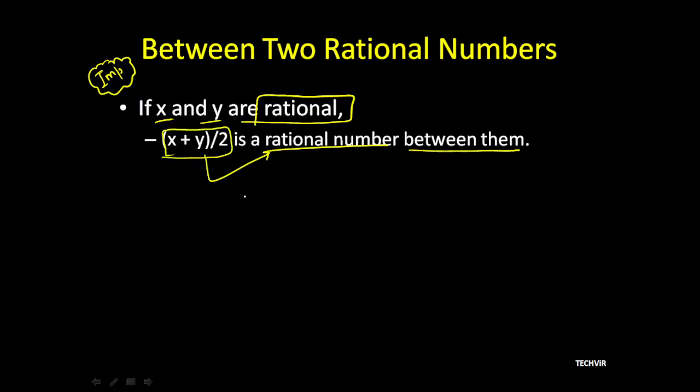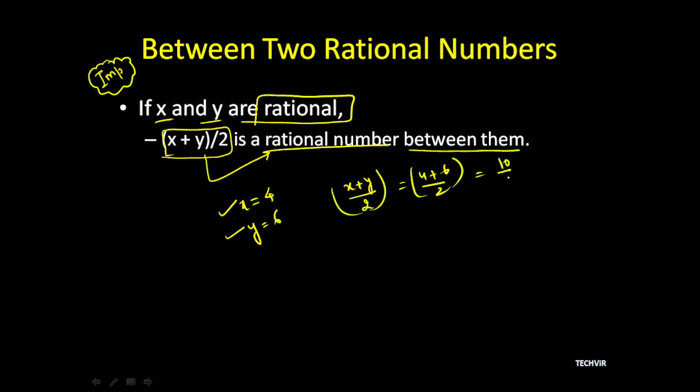For example, suppose I have a number x equal to 4 and a number y equal to 6. If x is a rational number and y is a rational number, then (x plus y) divided by 2 will be 4 plus 6 divided by 2, that is 10 divided by 2, that is 5.